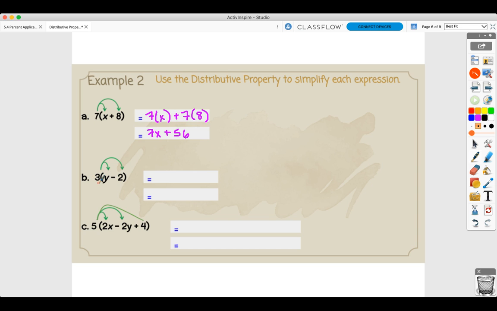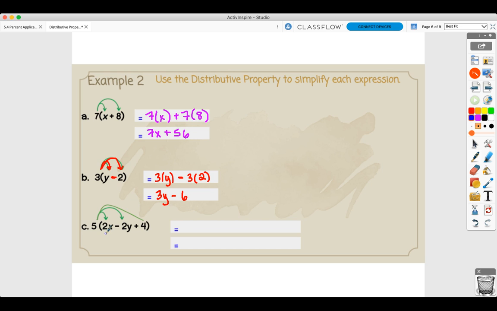Now you have the 3 on the outside. Don't forget, this is a subtraction sign, so take that into consideration. So you're going to have 3 times y minus 3 times 2, which will end up giving you 3y minus 6.